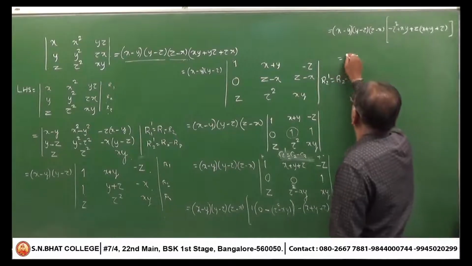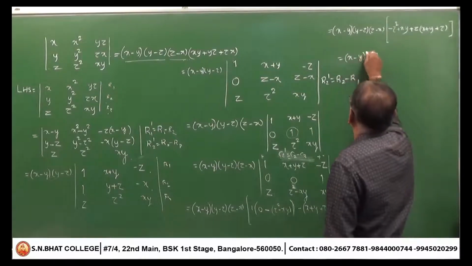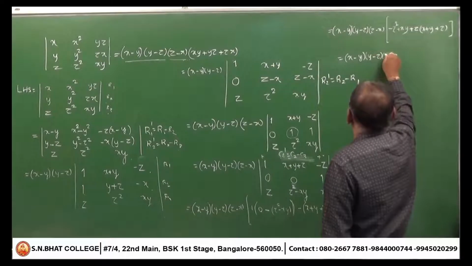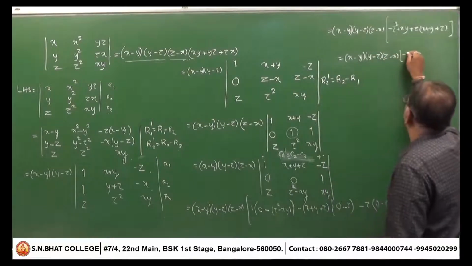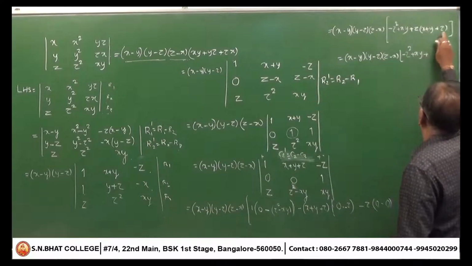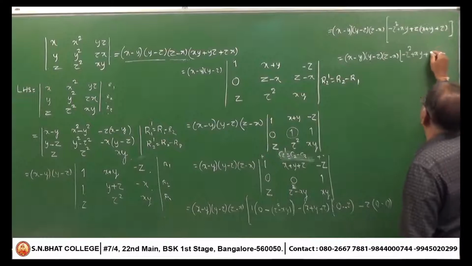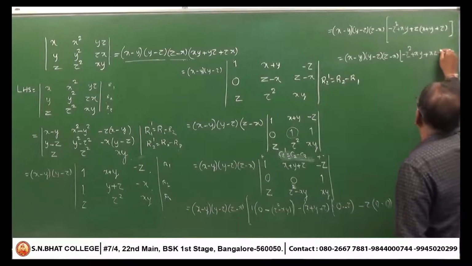This is X minus Y into Y minus Z into Z minus X into, remove the bracket, minus Z square plus XY plus multiply Z for all these three terms, XZ plus YZ plus Z square.